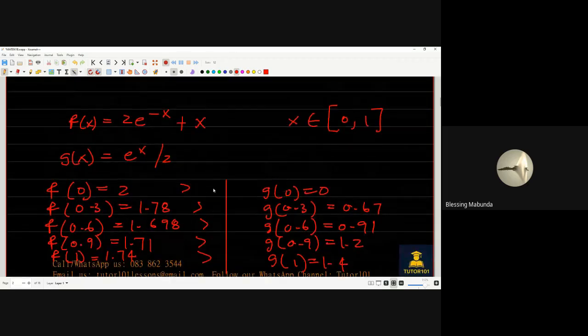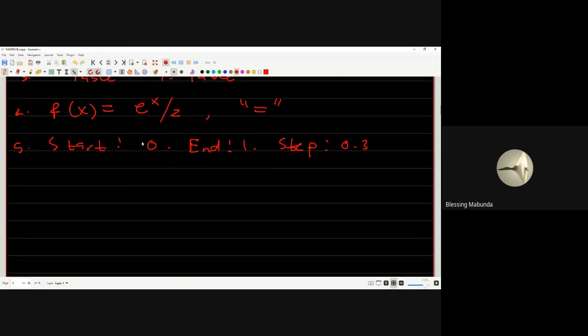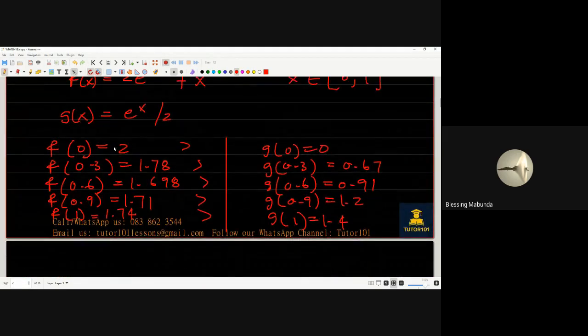So we've determined here that this function is the one at the top, and this one is at the bottom, and you do your comparison.